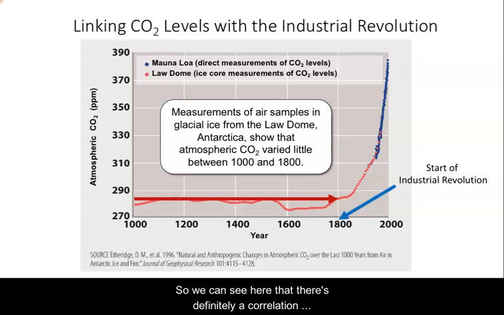So we can see here that there's definitely a correlation between the increasing carbon dioxide content of the atmosphere and human activities. But a correlation simply means that the two events or processes occurred together. It doesn't necessarily establish causation, and that's a relationship in which one event was caused by the other. So more research was needed to demonstrate causation.